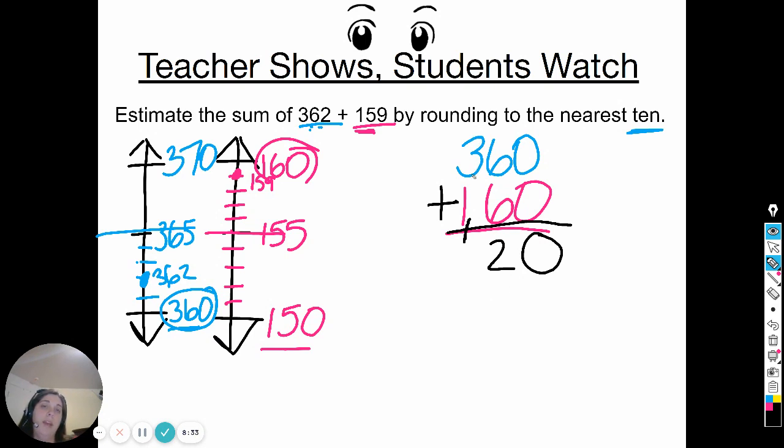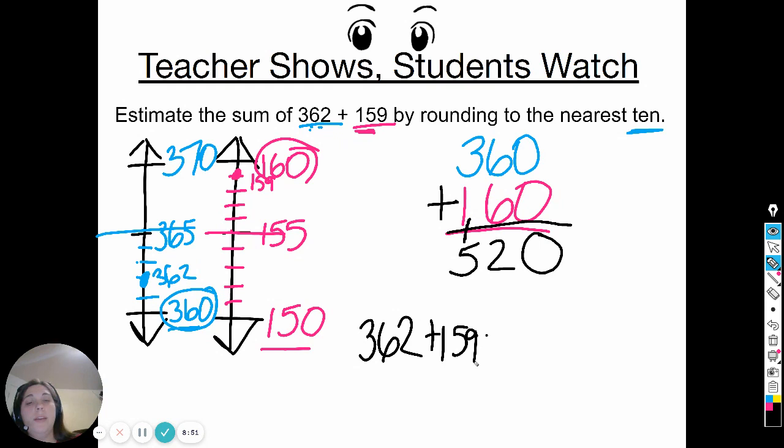Now I have 3 plus 1 plus 1, 3, 4, 5. So how this would be written is 362 plus 159 is about 520. When we round to the nearest 10, it equals about 520.